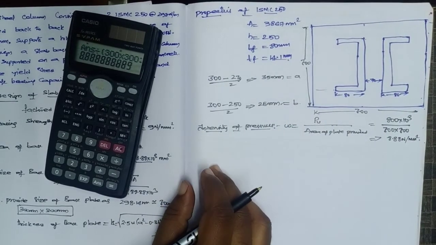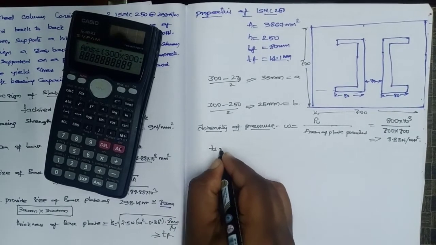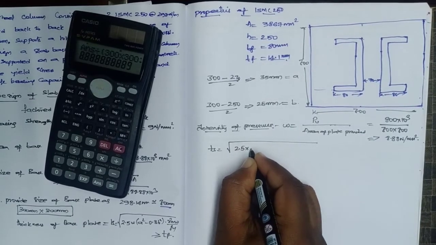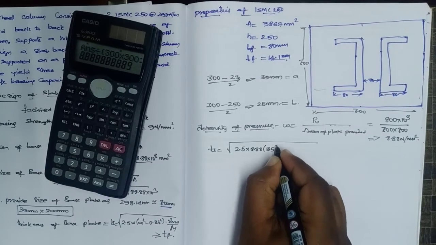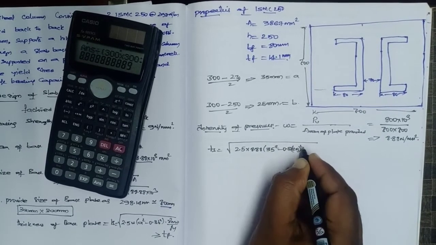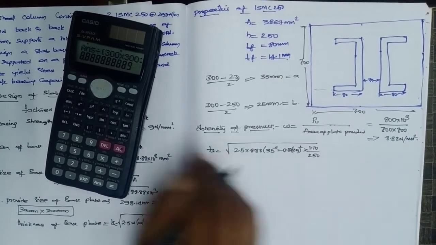Now substitute everything here in this formula. Then ts equals under root of 2.5 into 8.88 into 35 square minus 0.3 into 25 square into 1.10 divided by 250.